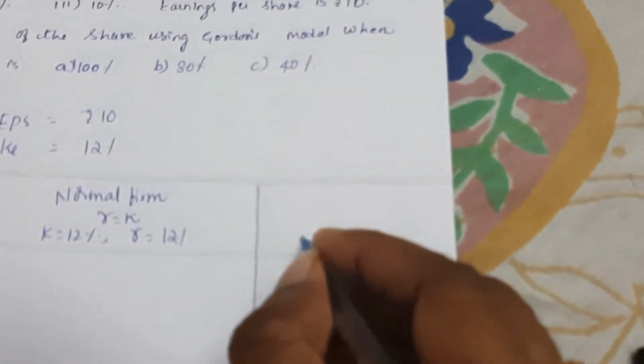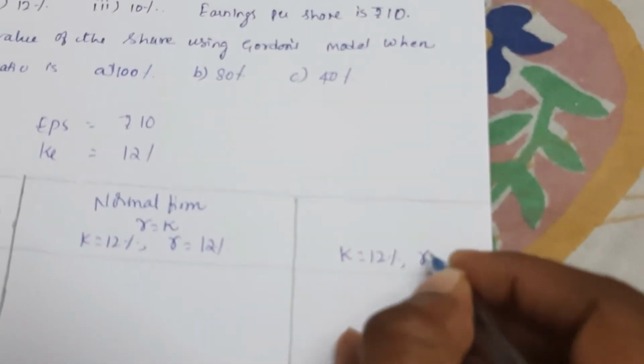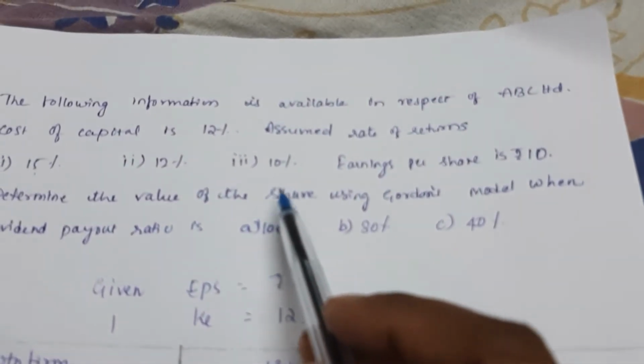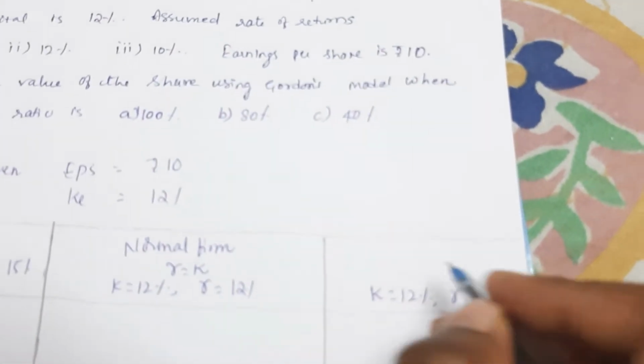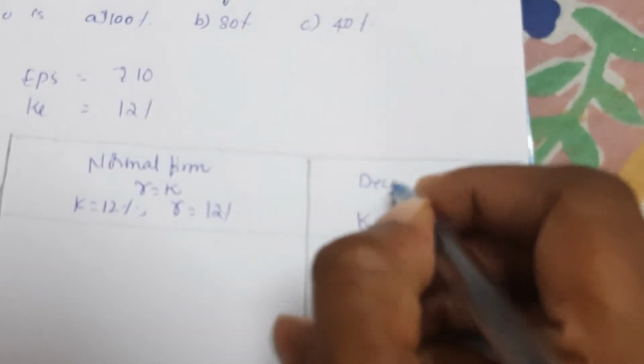Then third case, K is 12% and the third assumed rate of return R is 10%. Here R is less than K, and this can be considered as a declining firm.